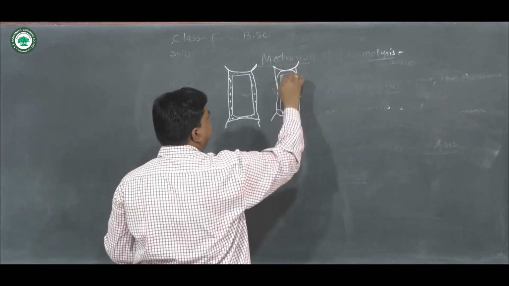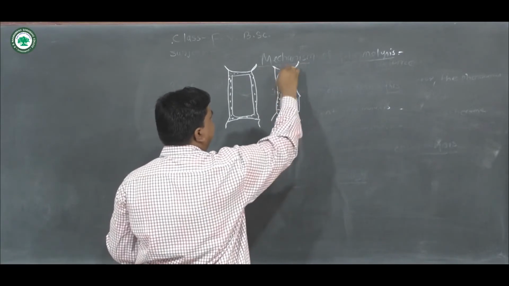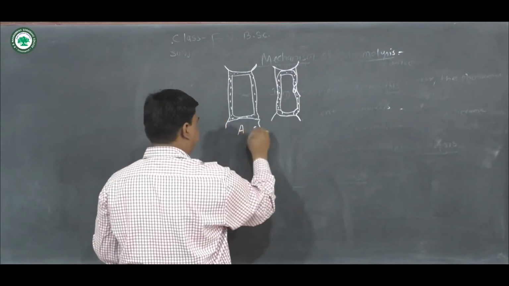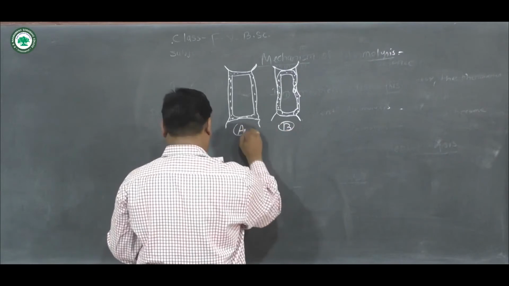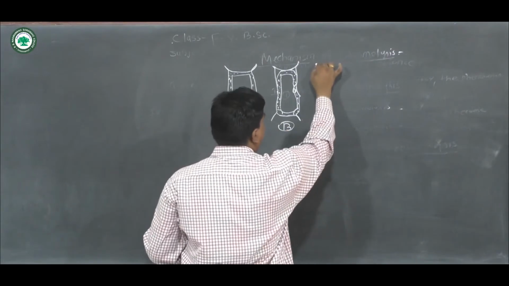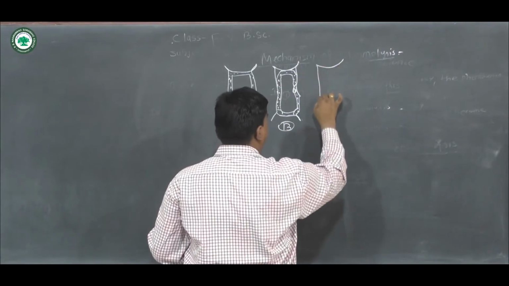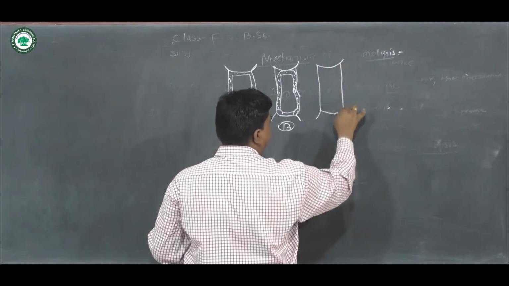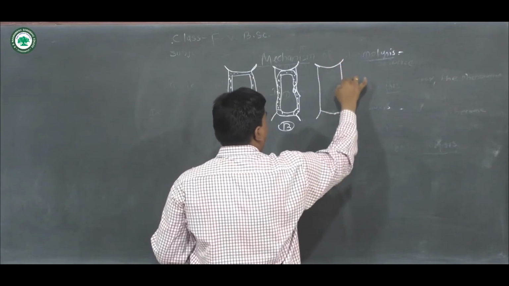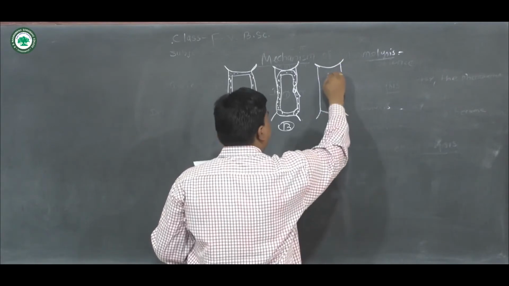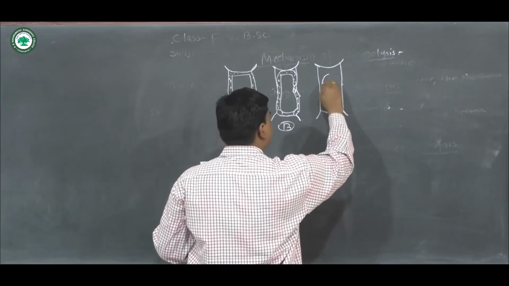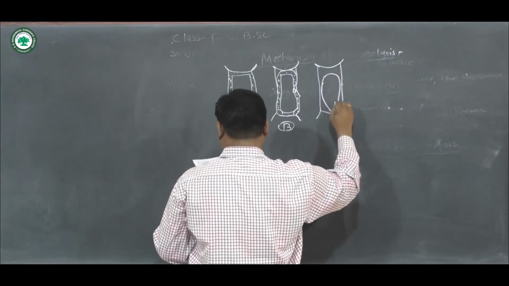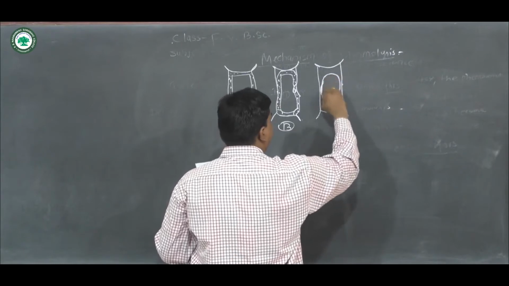You can notice what the difference is between these cells. Suppose this is cell A, this is cell B, and then the third cell, the C cell.